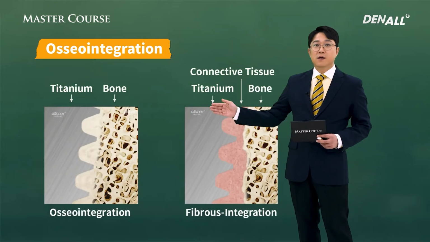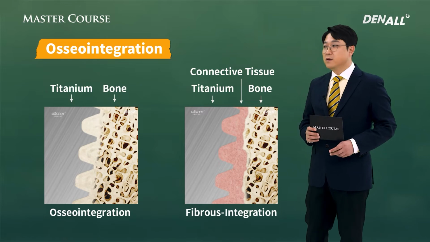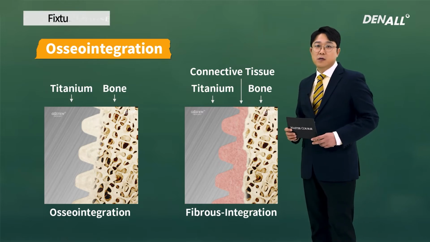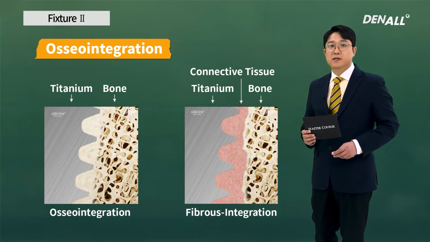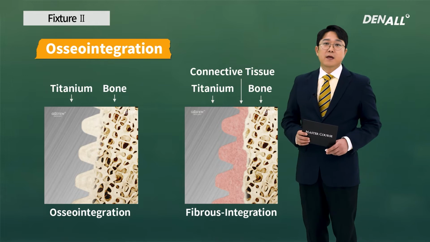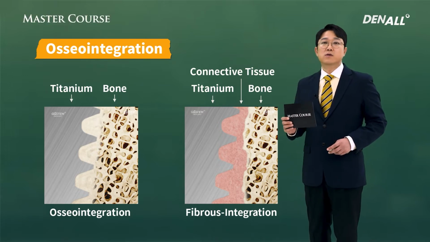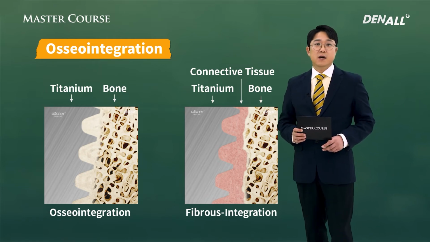On the left-hand side, when titanium attaches to the bone, osseointegration is achieved. On the right, when connective tissue is inserted between the two, fibrous integration is achieved. When the Brånemark implant came out in the United States, blade-type implants were used from a company called Linkow.